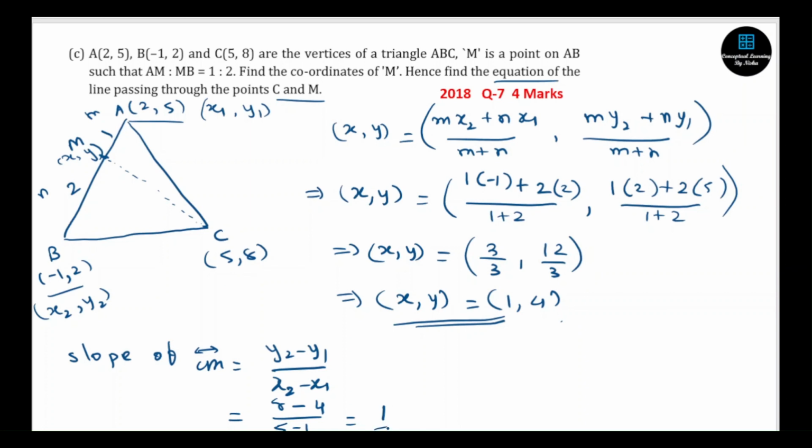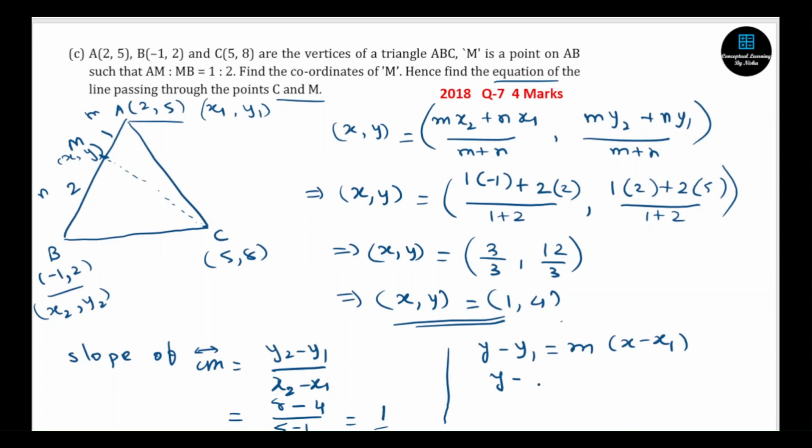Alright, so slope is 1 and now point slope formula. So y minus y1 equals to m into x minus x1. Alright. So what do we get? y minus, I'll put y1, any point.